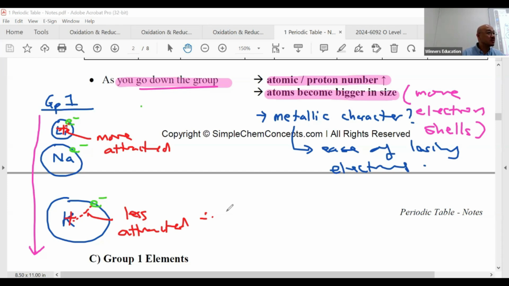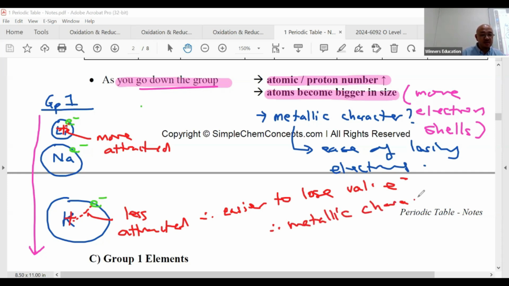It means easier to lose, or needs less energy. Easier to lose valence electron means the metallic character increases or decreases? Increases. In my time, we seldom saw metallic character being asked this way. It's very common in school these days.